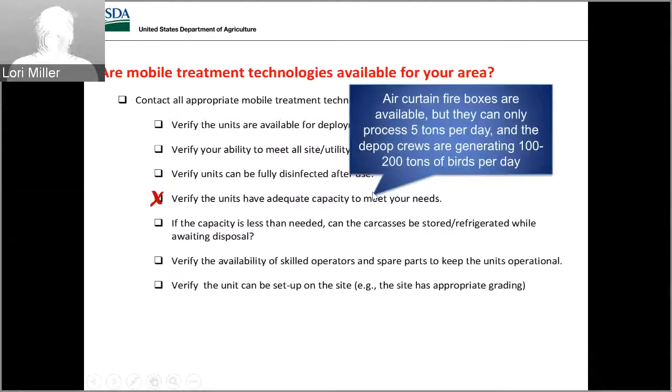For example, an air curtain incinerator was able to process 5 tons per day of poultry, but the layer farms were generating 100 to 200 tons of birds per day out of the cages. So clearly we'd need 20 to 40 air curtain incinerators stacked up, or it wouldn't be a good option. And the conclusion of the responders last year was that air curtain was not really that helpful.